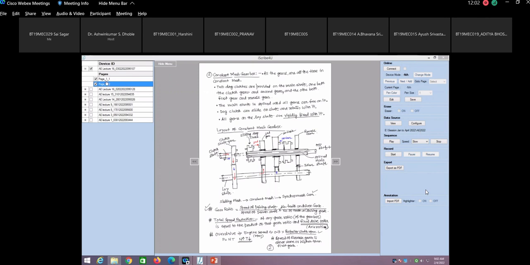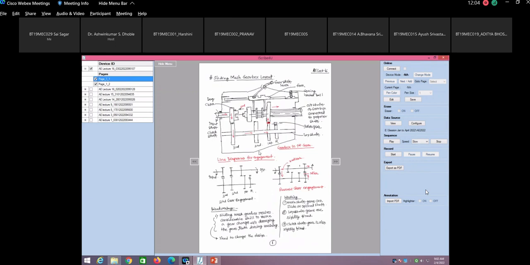So we discussed the sliding mesh gearbox, the overall layout of the sliding mesh gearbox. Then I told you how to draw the line diagrams. So we have drawn the line diagrams. Then we have seen the disadvantage of the sliding mesh gearbox.